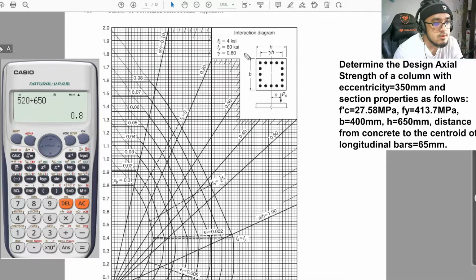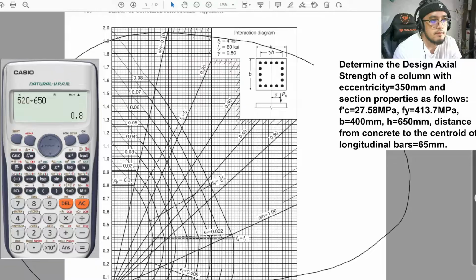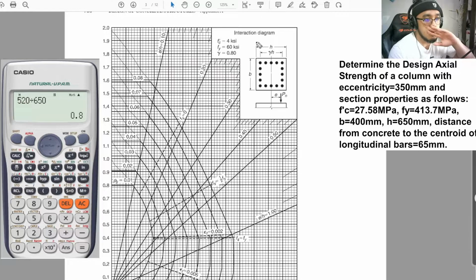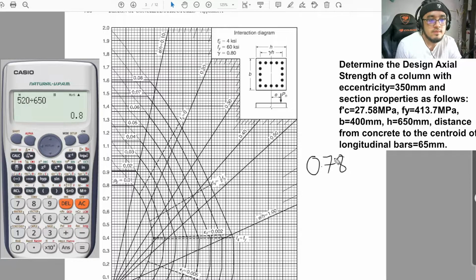With that, guys, we will be making use of this interaction diagram because the gamma here is exactly 0.8. But for example, if the gamma that you have solved is, let's say, 0.78, you can see we do not have a 0.78 gamma here in the interaction diagram. If you have, better.